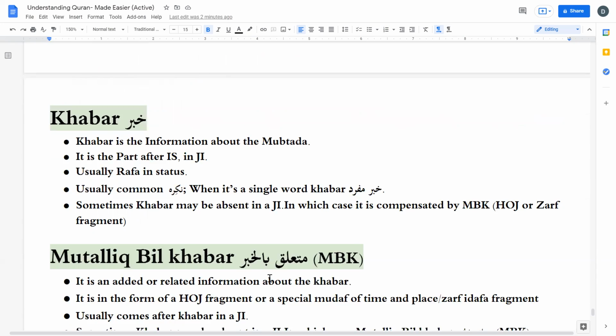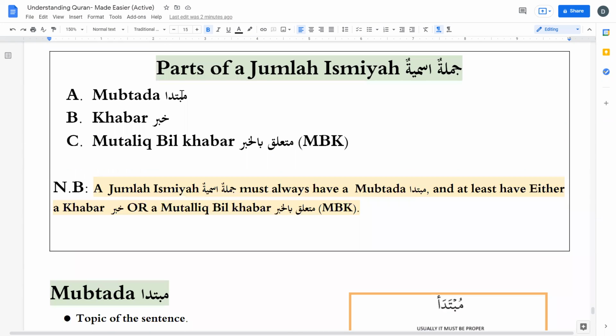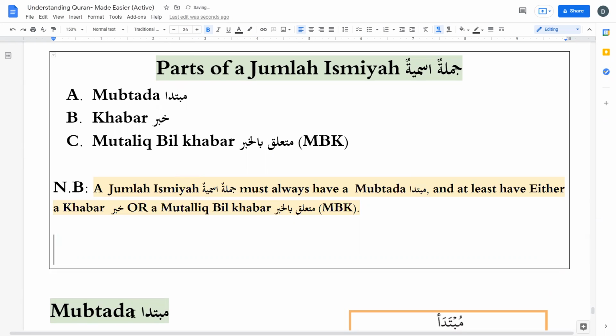So if mubtada is A, khabar is B, and mutaliq bil khabar is C, then the normal Jumlah Ismiyah is like this. First mubtada, then khabar, then MBK, mutaliq bil khabar.